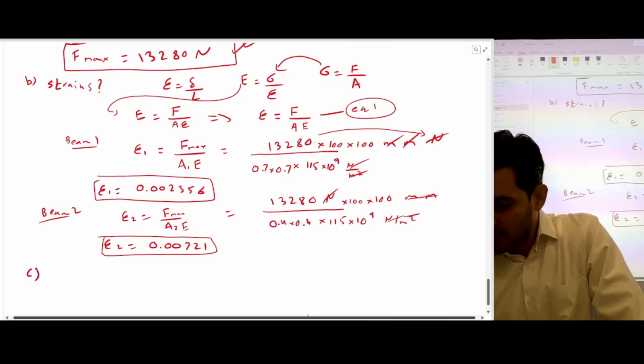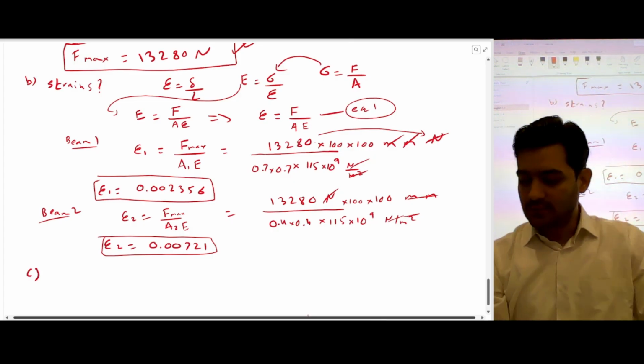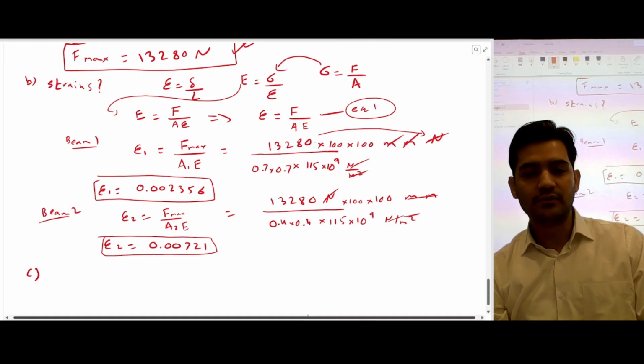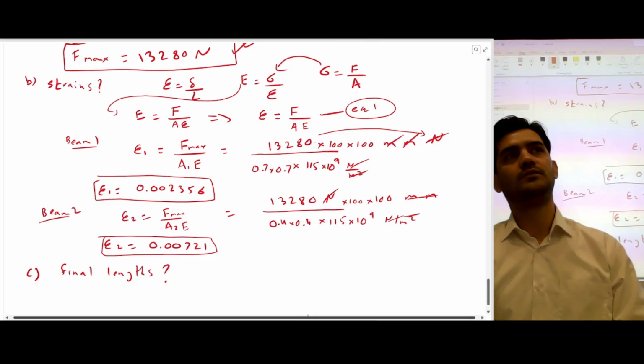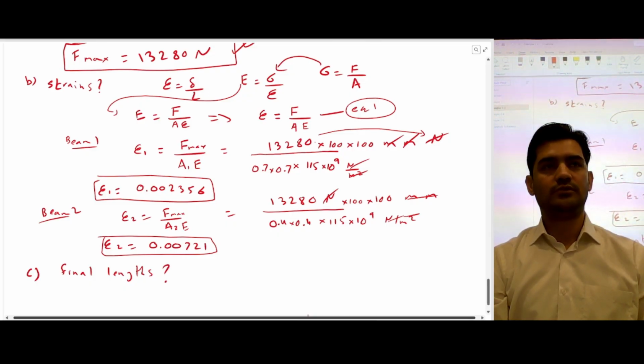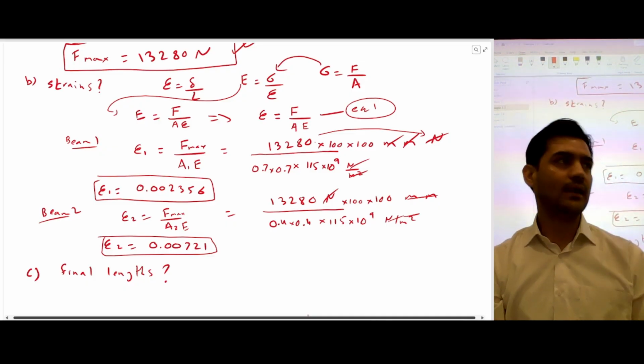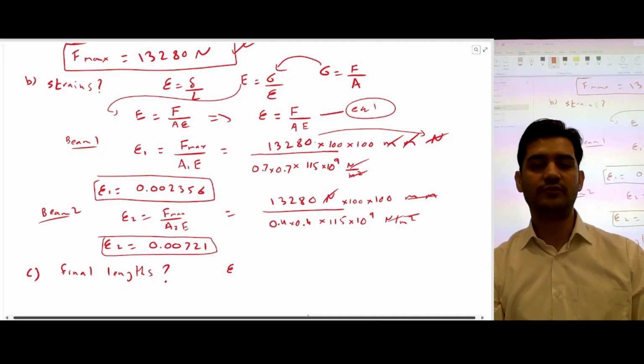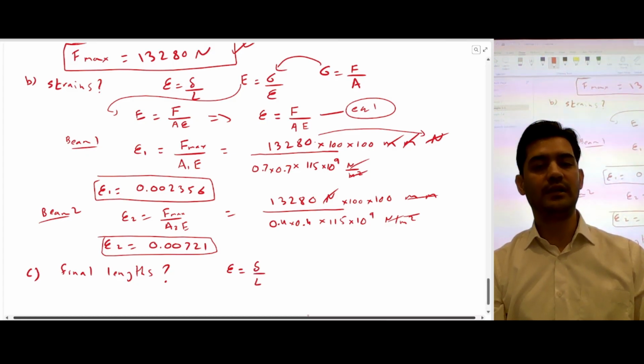So the last part says calculate the length of each cylinder at yield. So we have to calculate the final length. We have already calculated strain. We know the formula for strain is elongation over original length, or change in length over original length.